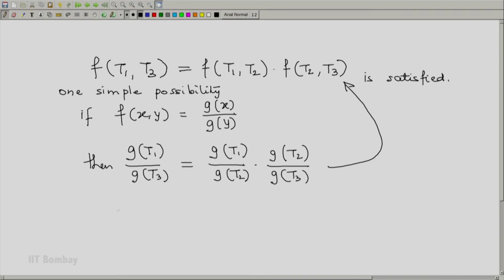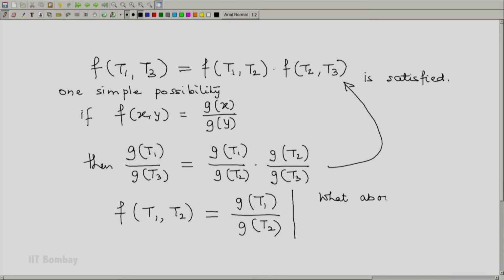So that means we now have this function f of say T1, T2 defined in terms of another function g, where g is a function only of one temperature. Now the next question is, what about the function g?